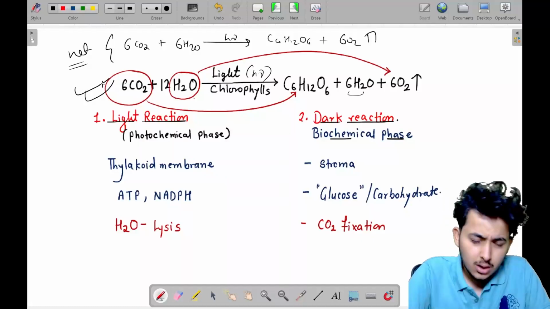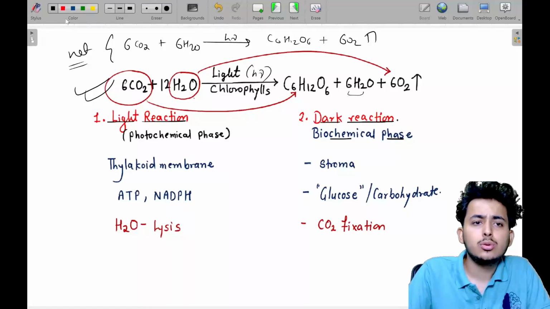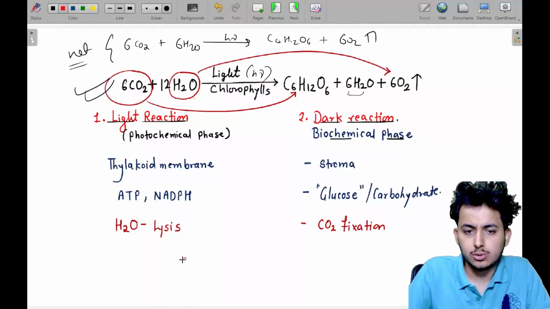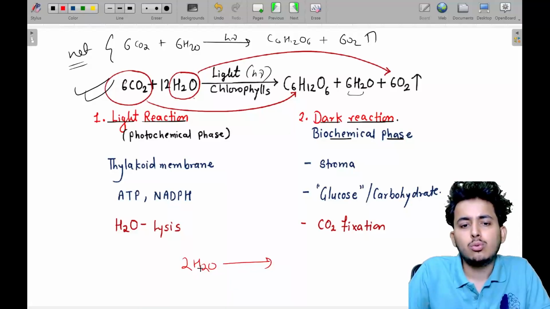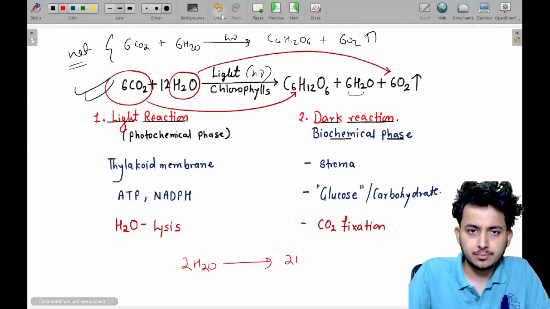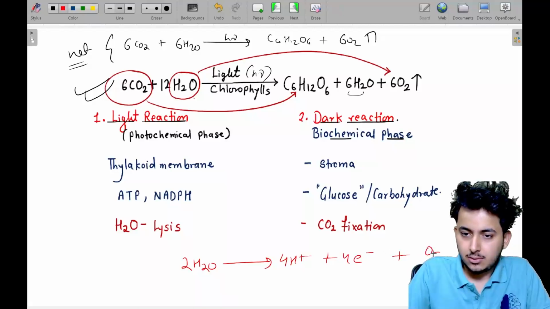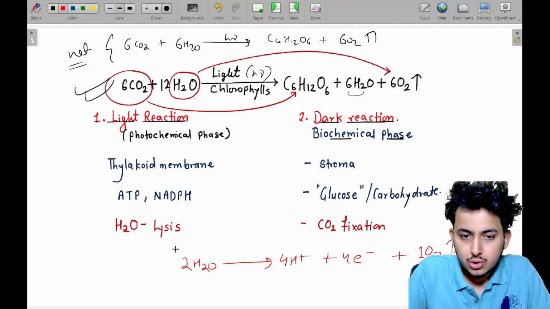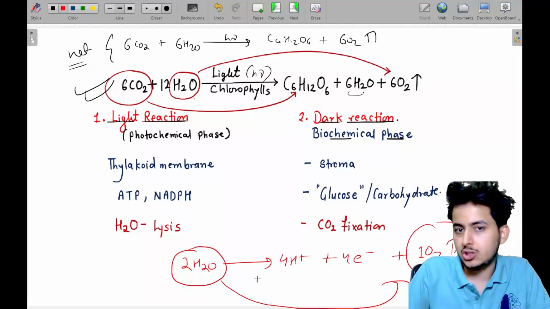Why? Till now we have looked into the splitting of water molecules. We have understood how water molecules split in the oxygen evolving complex. Basically two water molecules give rise to four protons, four electrons, as well as one oxygen molecule. So two water molecules give rise to one molecule of oxygen.